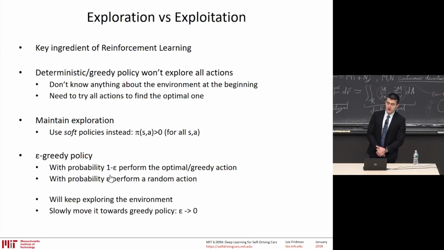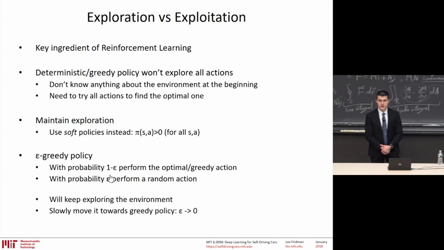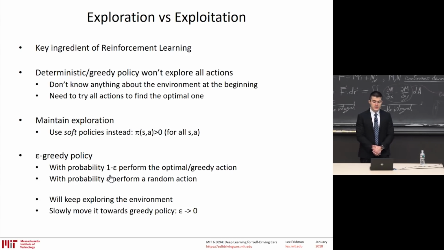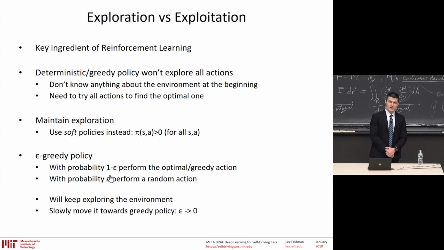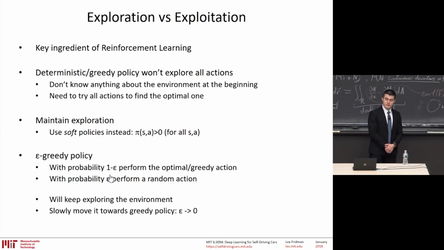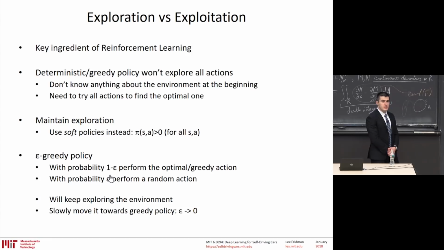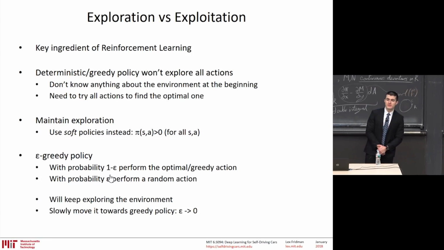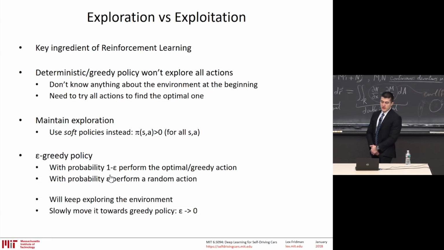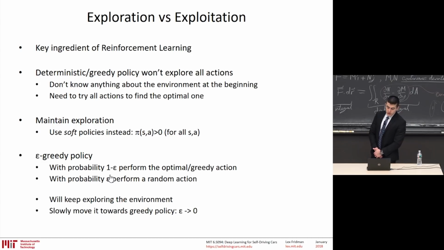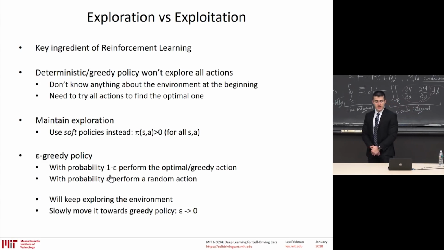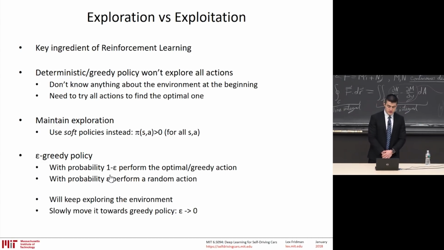As you form a better and better estimate of the Q function, of what actions are good to take, you start to get a sense of what is the best action to take. But it's not a perfect sense. It's still an approximation. And so there's value of exploration. But the better and better your estimate becomes, the less and less exploration has a benefit. So usually we want to explore a lot in the beginning and less so towards the end.